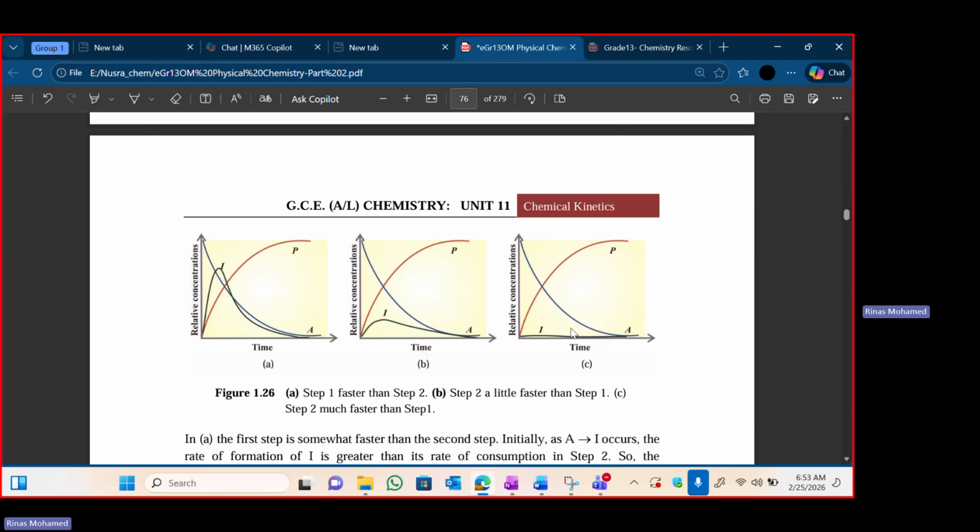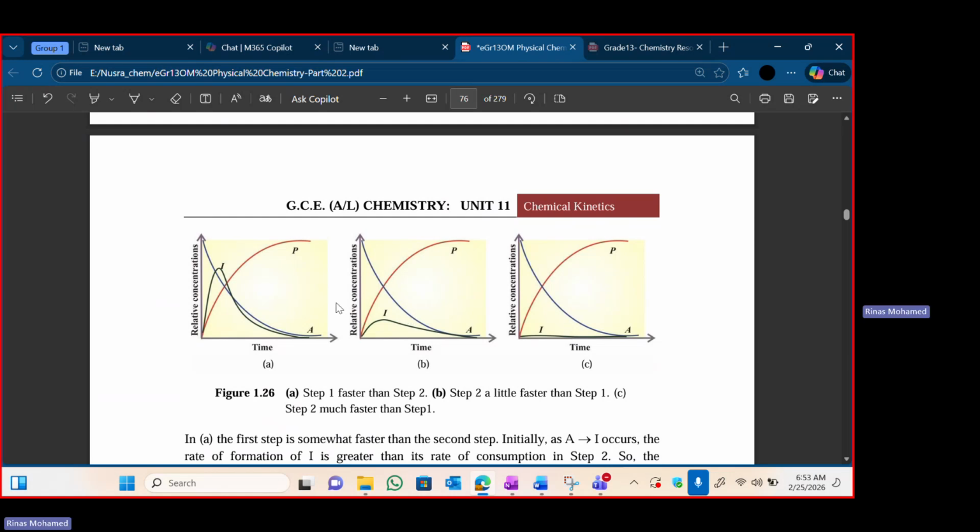And if the first step is very much slower, that means the second step is very much faster than the first step. Because the second step is very fast and the first step is very slow compared to it, only a minute amount of intermediate concentration will appear, which is very hard to detect, and that will also disappear after some time, because the second step is much faster than the first step.